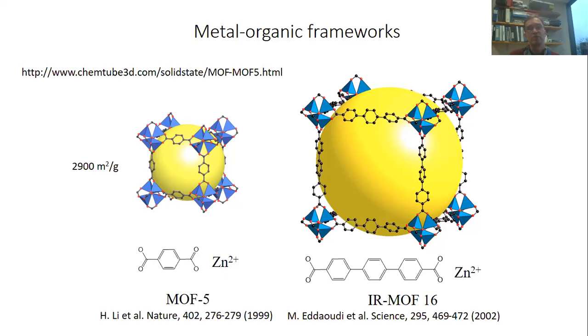Okay, so this concept has inherent great variability because there are so many organic linkers that you can think of, which are just anionic and rigid, and so many different metal cations that exist throughout the periodic table.